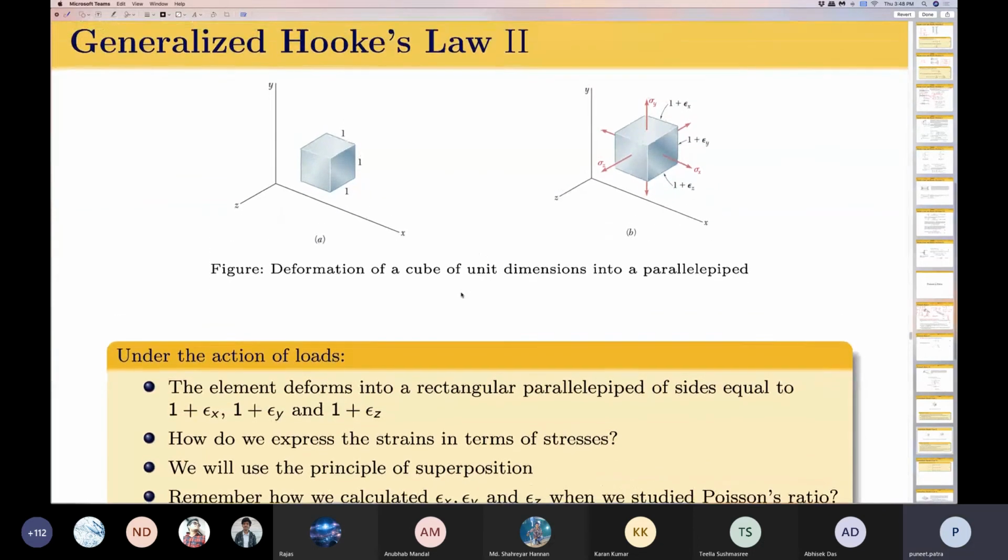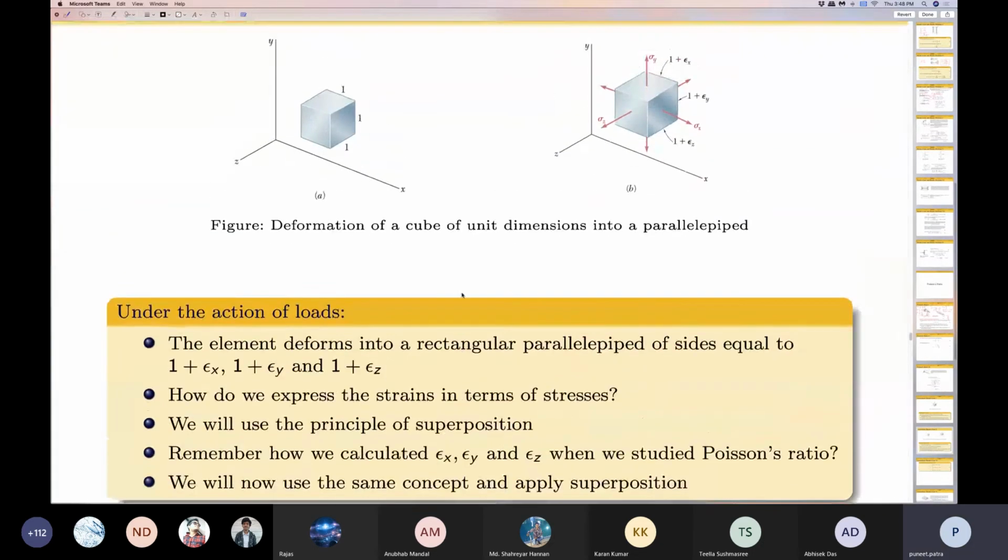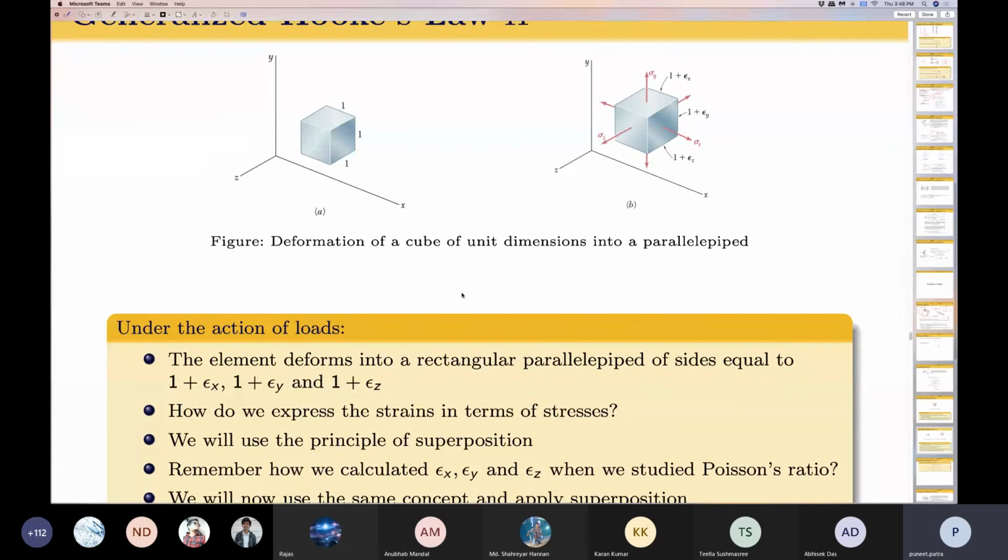So consider over here now a cube of unit dimensions. This cube has initially, before loading, a dimension of 1, 1 and 1. To it, let me add sigma x, sigma y and sigma z.